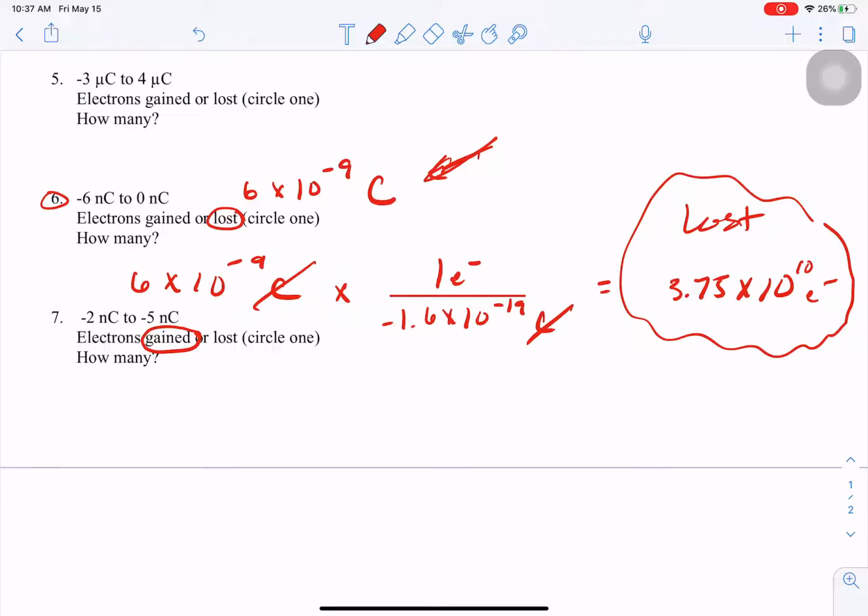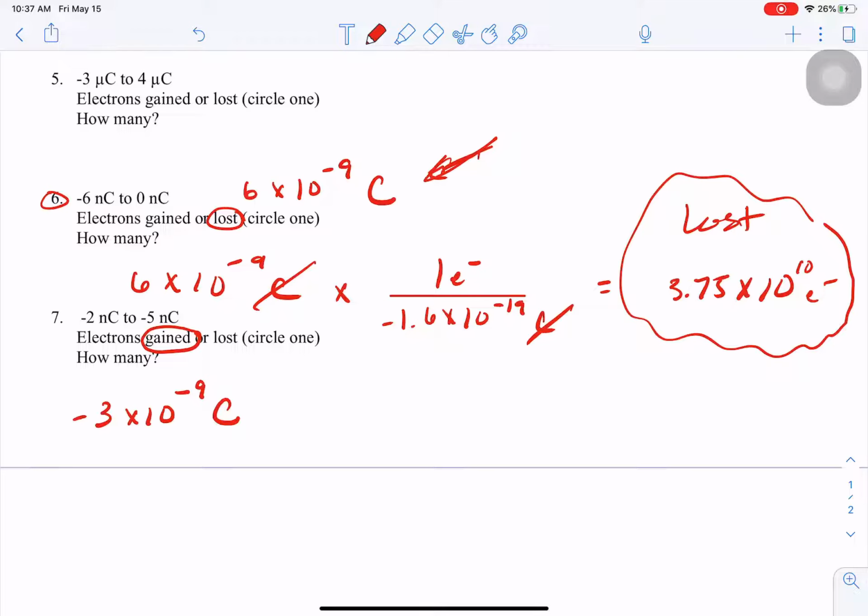If it went from negative 2 to negative 5, that's negative 3, and since it's nano, times 10 to the negative 9th coulombs. That's how much coulomb of charge you've gained.